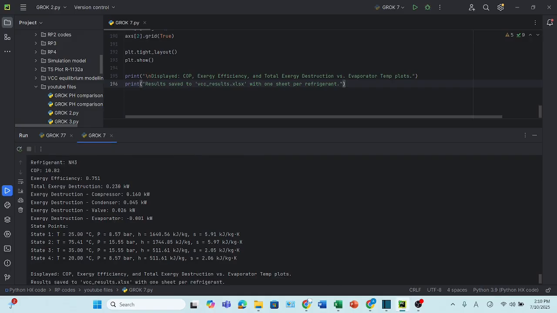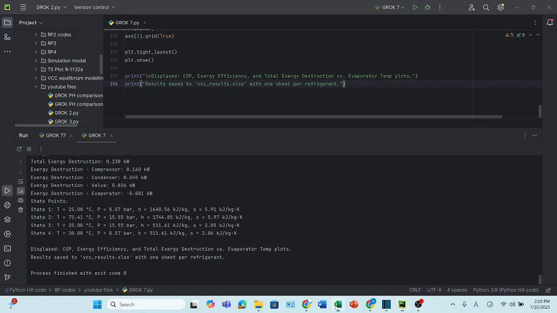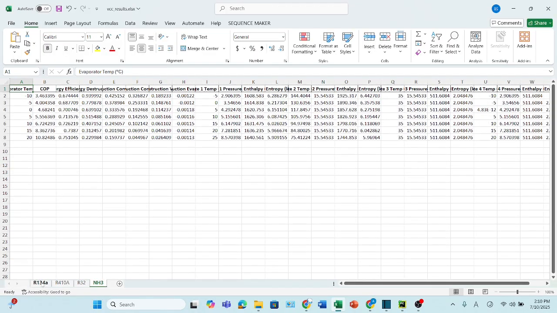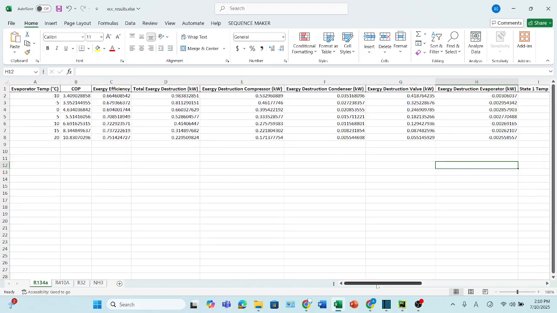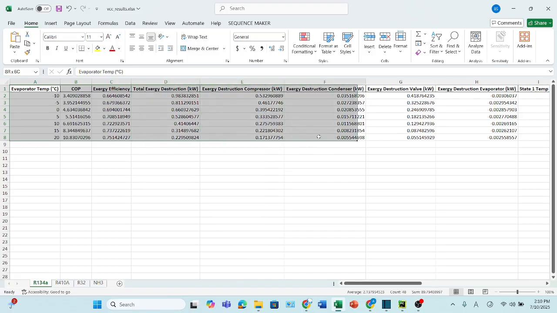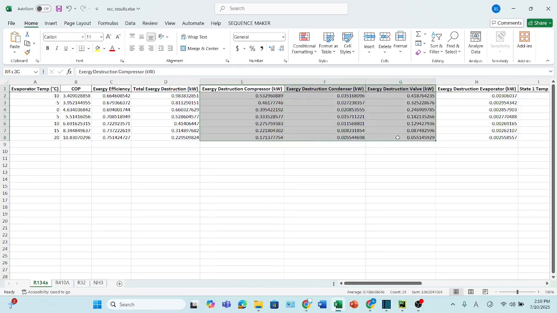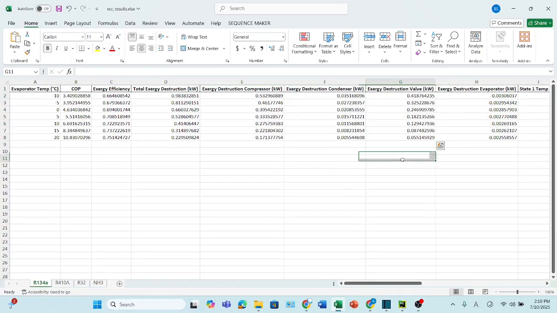Let's also go to the saved Excel file and confirm it. Here it has saved the results for all the refrigerants. For R134a, you can see the evaporator temperature change, COP, exergy efficiency, total exergy destruction, and for the compressor, condenser, and valve, these are all positive values, so it's okay.